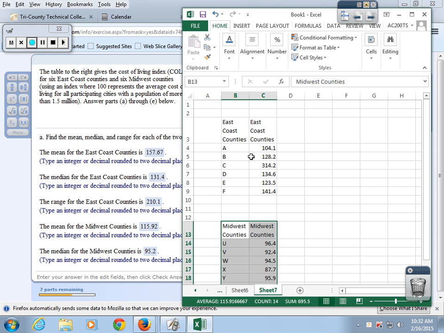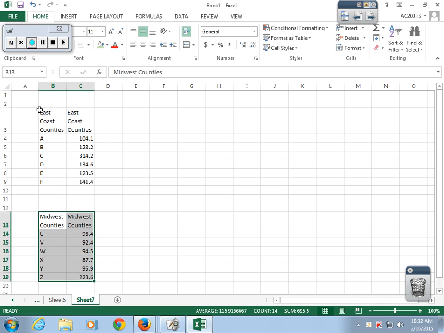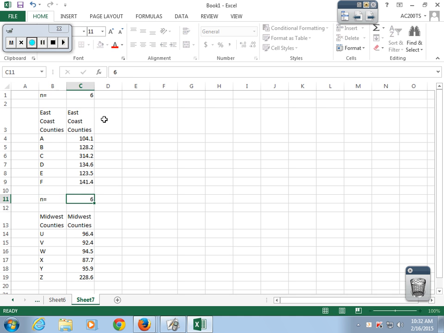All right, so here we go. Let me just blow it up. On this one, both of them, what is n? 1, 2, 3, 4, 5, 6. So n is equal to 6. All right, so we need to put them in order.